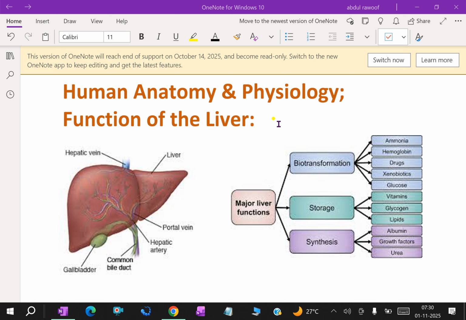Urea is formed from this nitrogenous portion and is excreted in urine. The liver breaks down nucleic acids, genetic materials, for example DNA, to form uric acid, which is excreted in the urine.